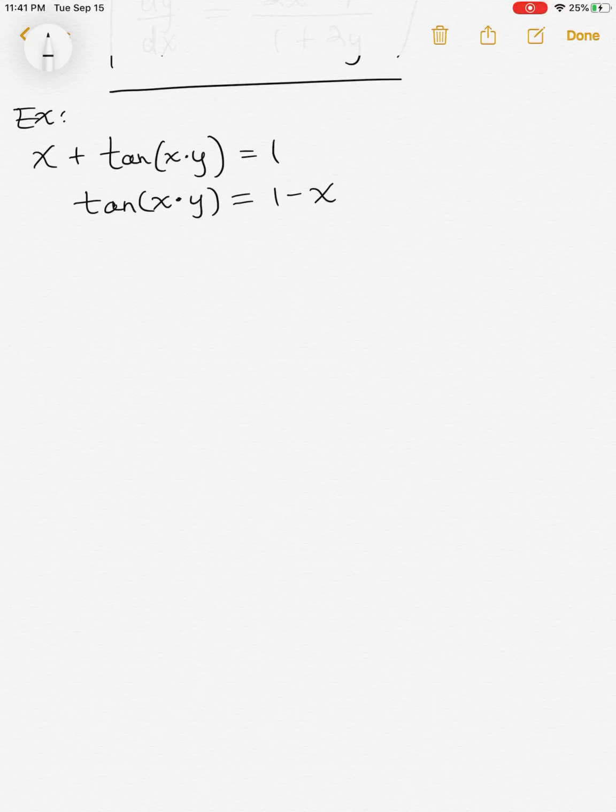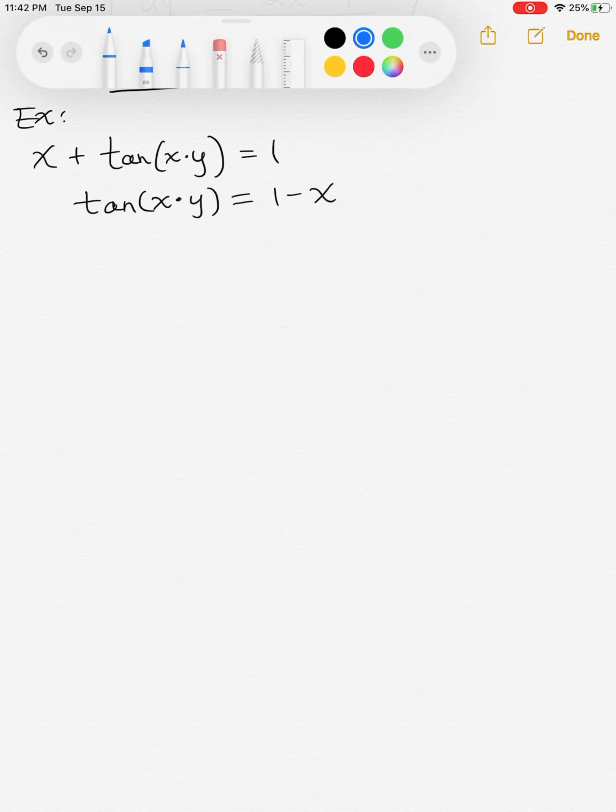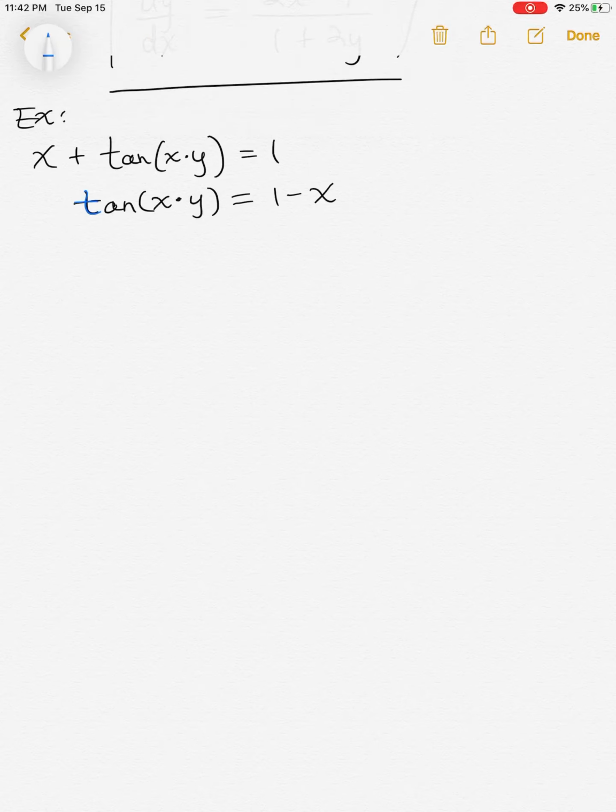All right, so now this thing has embedded the product rule as a component of the chain rule there. See? So first, we take the derivative of the tan function.